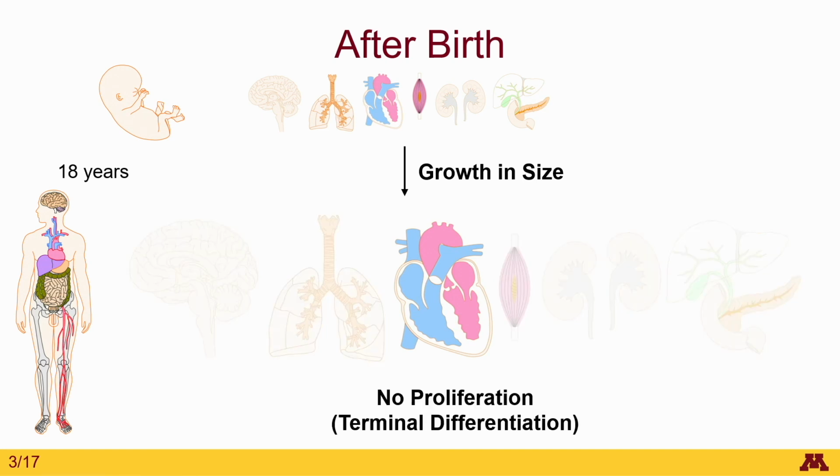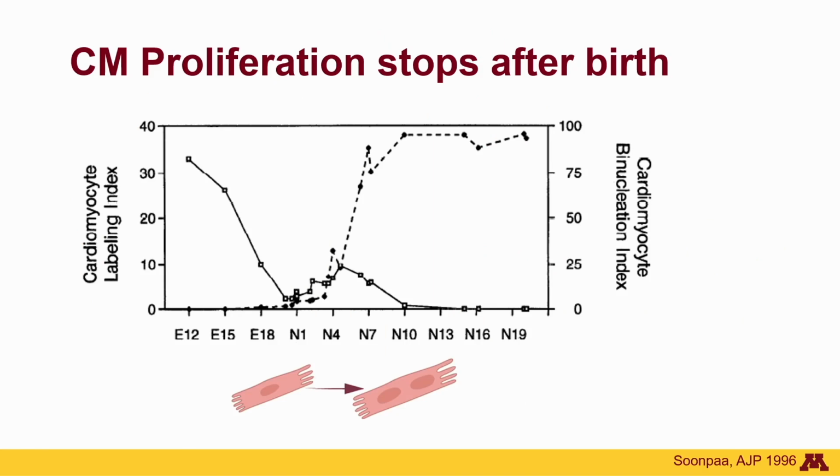But cardiomyocyte proliferation comes to a stop. In mice, this has been elegantly shown by Lauren Field in the past, that it happens a couple days after birth, about 4 to 5 days after birth. You have a complete block of cardiomyocyte proliferation, or virtually complete block.